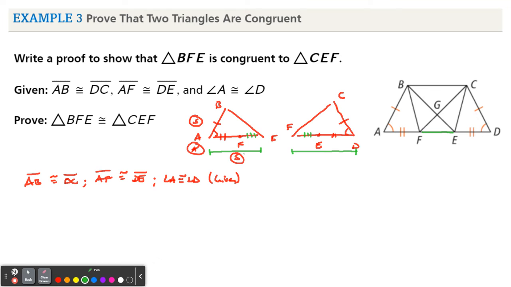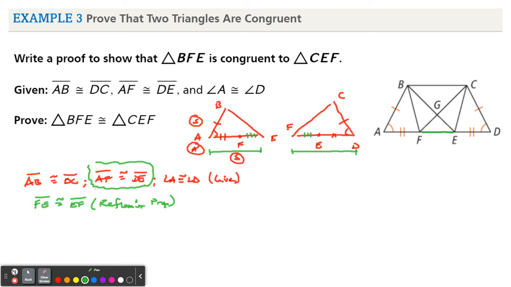Now in green, I'm going to take this statement right here. We know that segment FE is congruent to segment EF, and that's by the reflexive property. Again, that's the overlapping side, the shared side.